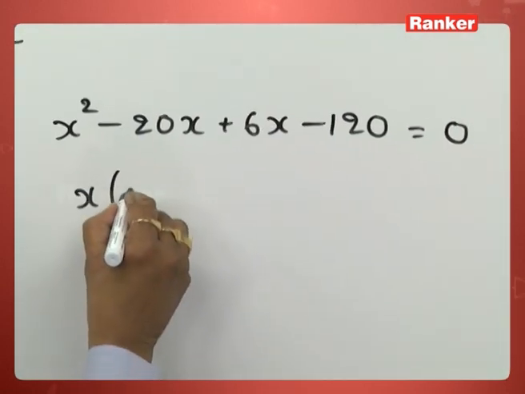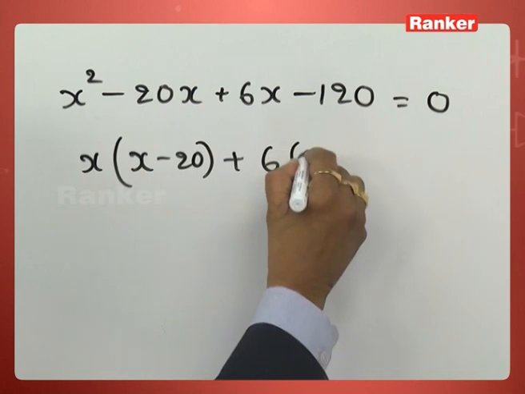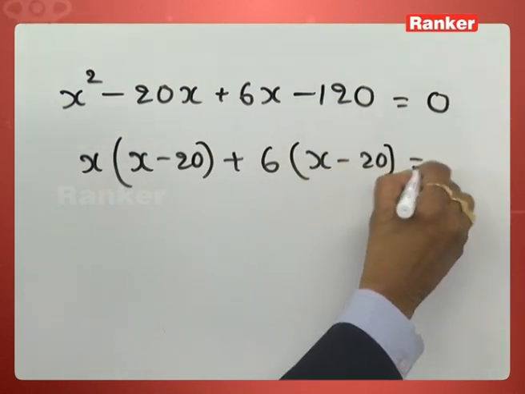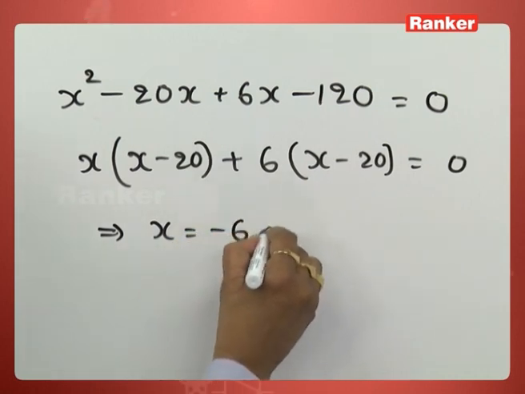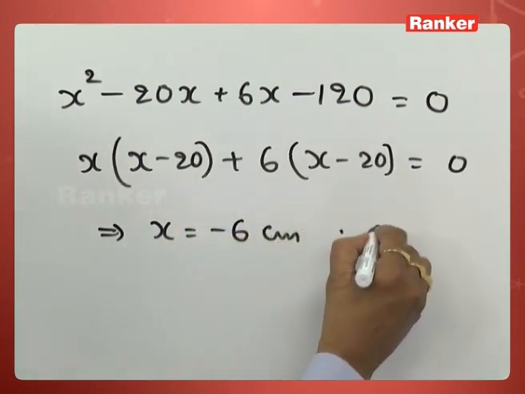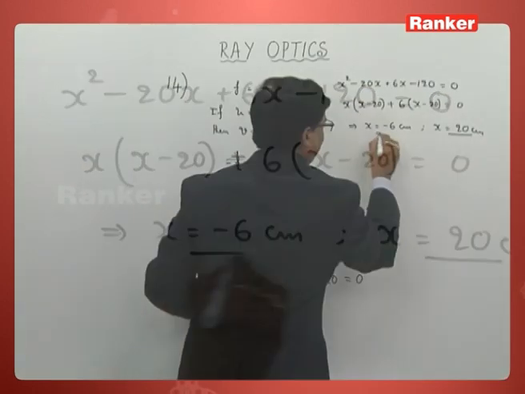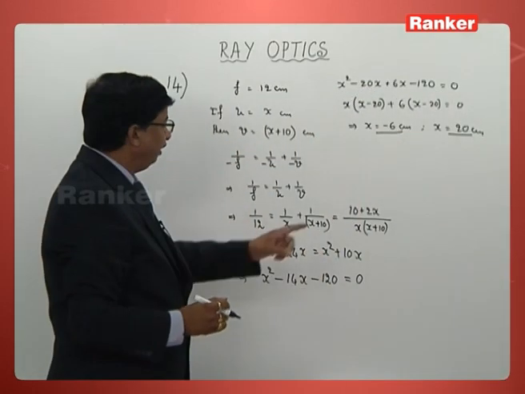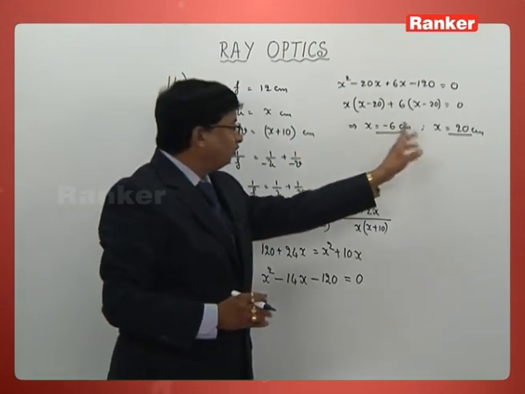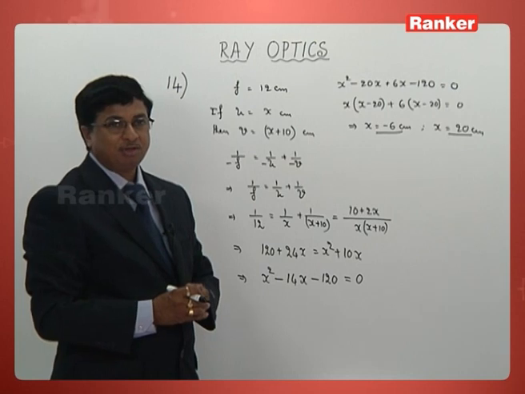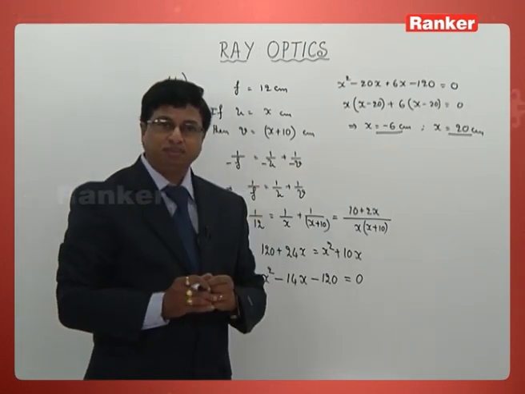So x into x minus 20 plus 6 into x minus 20 is 0. So what are the values? x may be either 6 centimeter or 20 centimeter. Now you have to decide which of these is to be considered. He is just giving us focal length 12 centimeter.